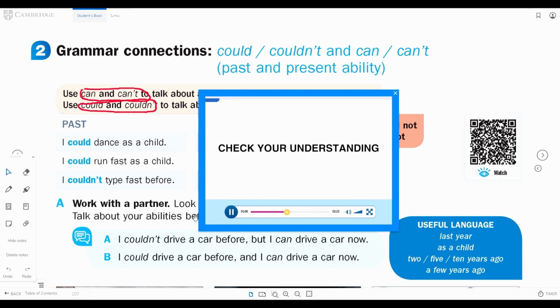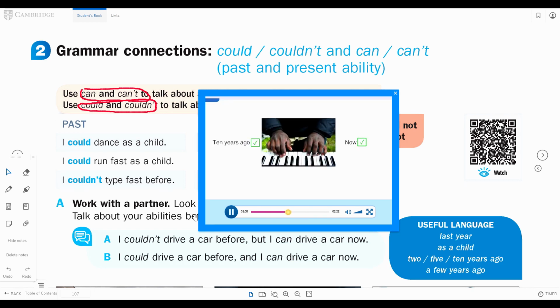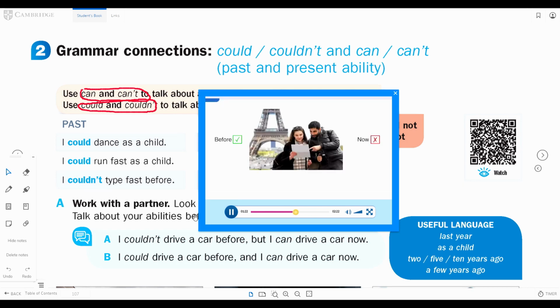Check your understanding. Look at the picture. Complete the sentence. I could play the piano 10 years ago, and I can play the piano now. He could speak French before, but he can't speak French now.